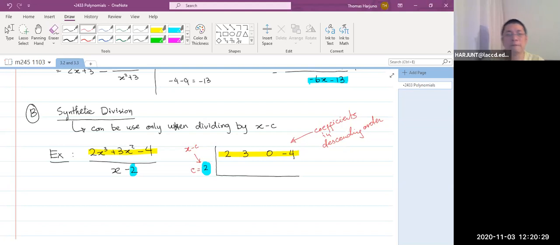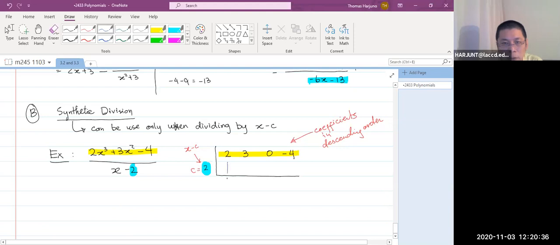Now then, the way the synthetic division is done is the following. The first number is always copied down here. Always. Now then, we will do the following work. Whatever the number you have here, multiply by that 2, and then you put it there. 2 times 2 gives me 4.